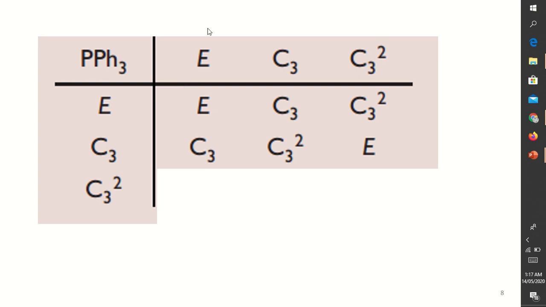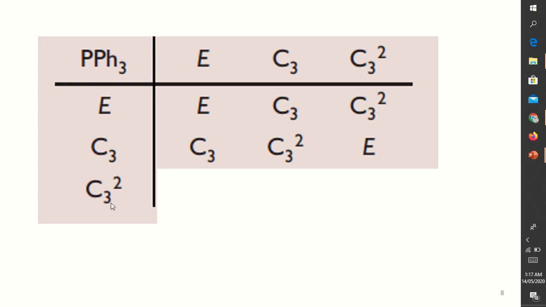First of all, if we need to apply C3 twice to triphenylphosphine, we multiply with identity. The result would be C3 twice, because identity does nothing at all to the molecule. So here we need to write C3 twice in the first position.